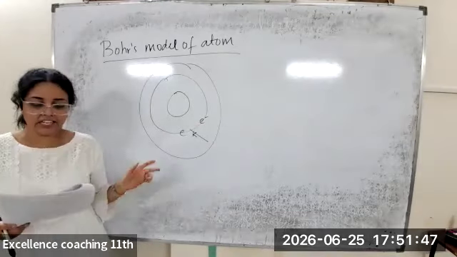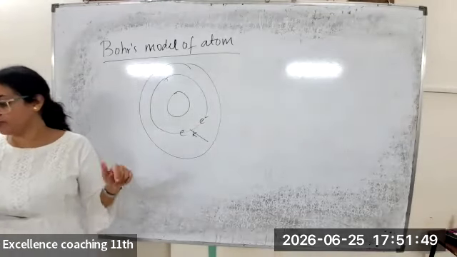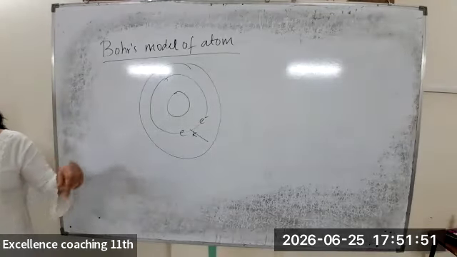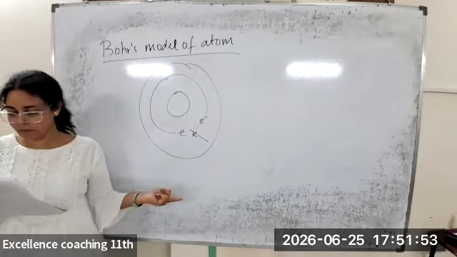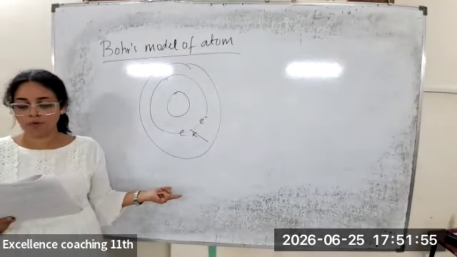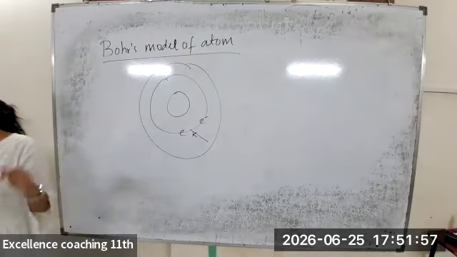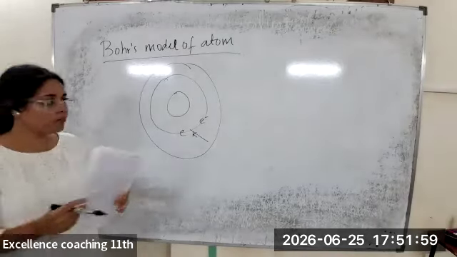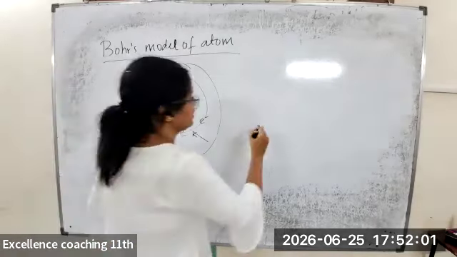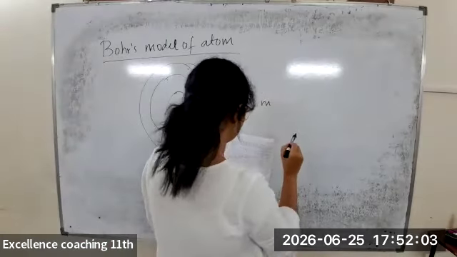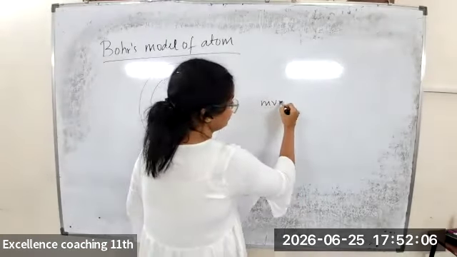The fourth one is, he said that an electron can revolve only in those stationary orbits, without giving out energy, for which the angular momentum of the electron is an integral multiple of h upon 2 pi. Angular momentum is nothing but mvr.